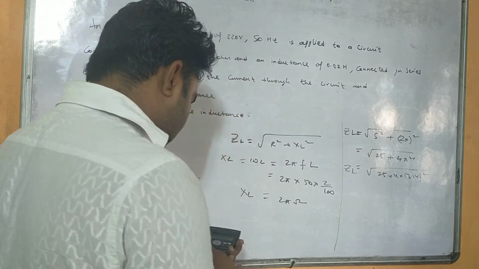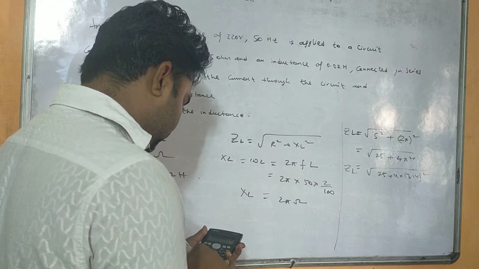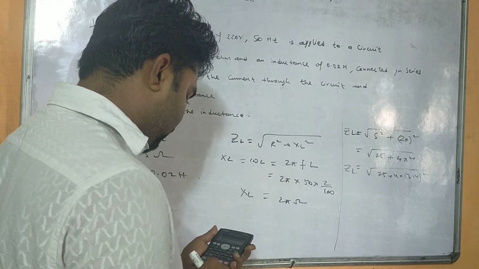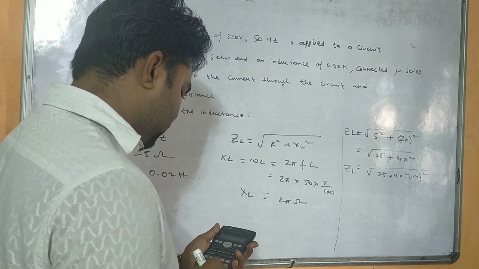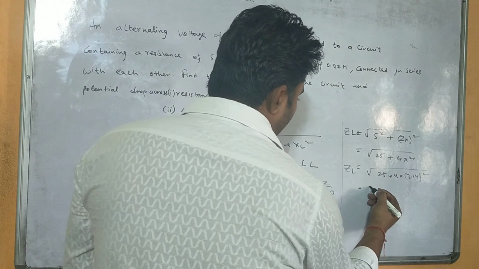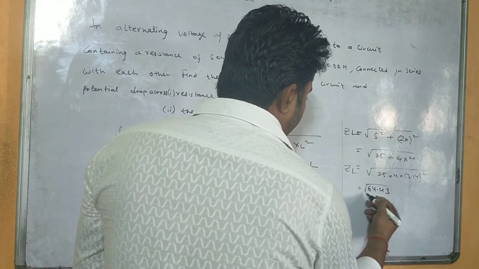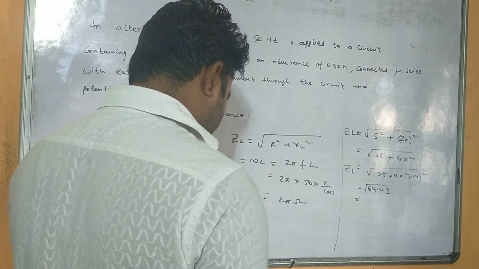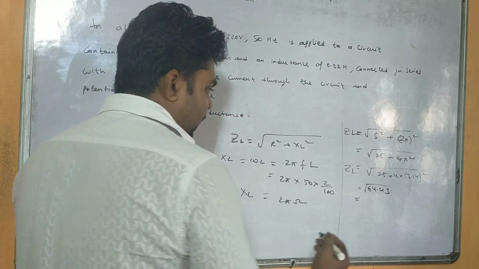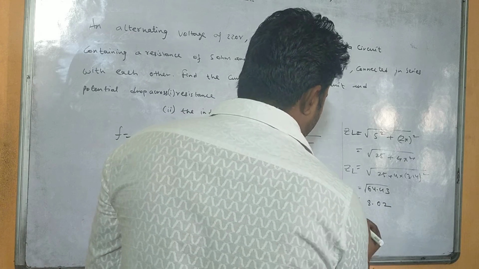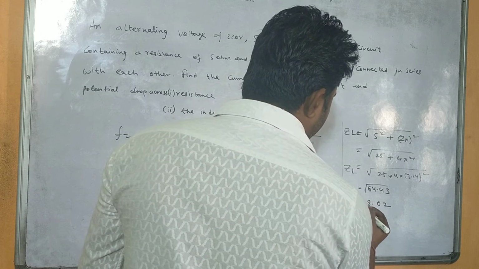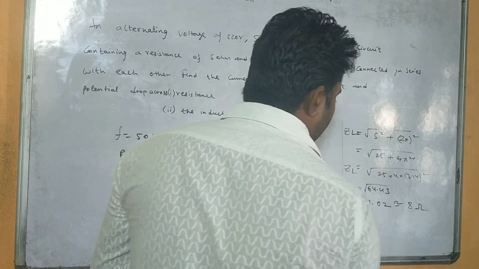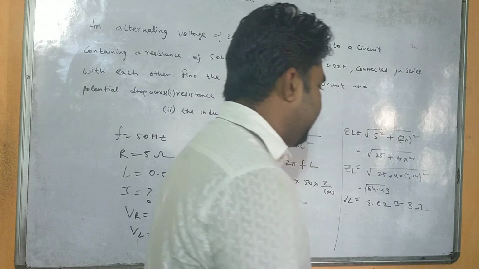So 3.14 into 3.14 multiplied by 4 plus 25, 64.43 we will be getting here. Now when you find the square root of 64.43, we will be getting 8.02, right? Nearly 8 ohm we will find here.